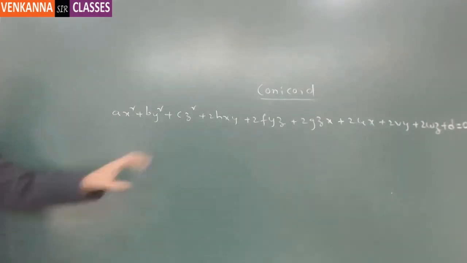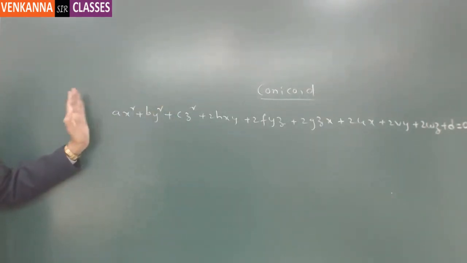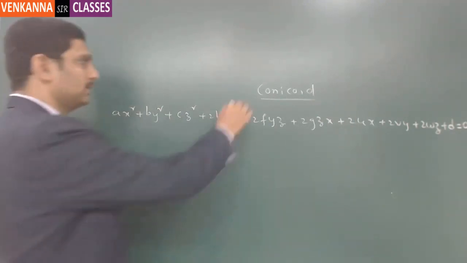So you consider the entire locus of this surface, and we are calling it the conicoid.